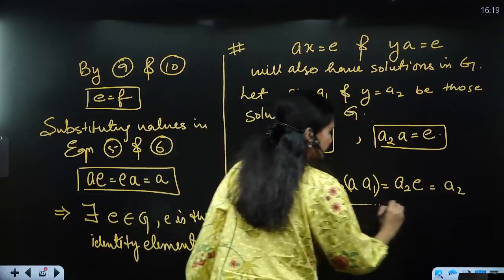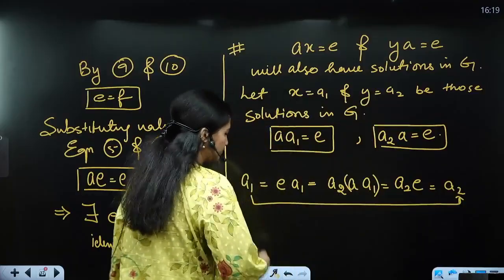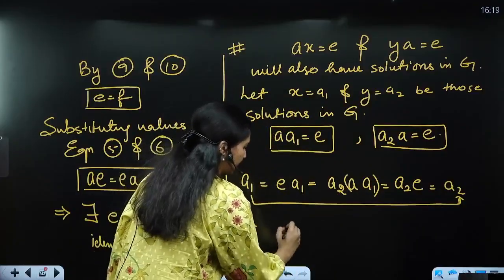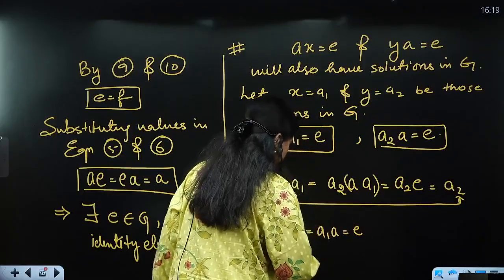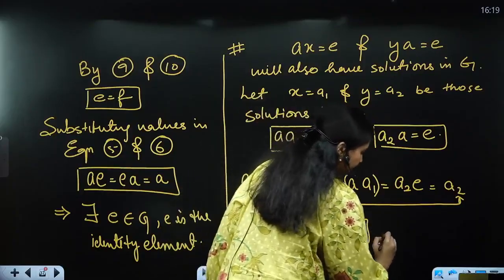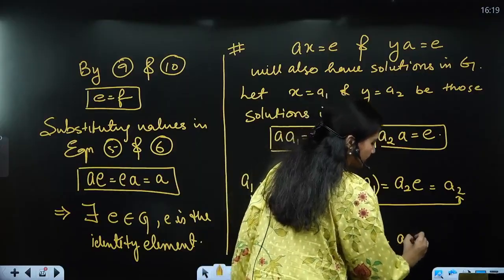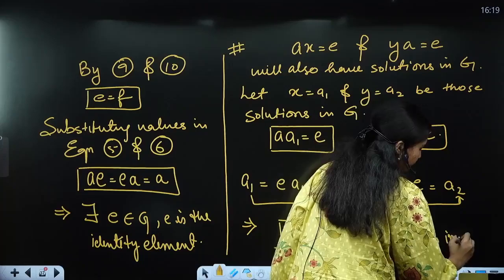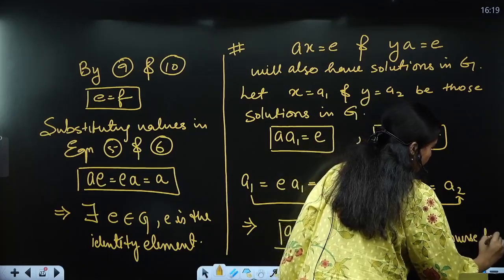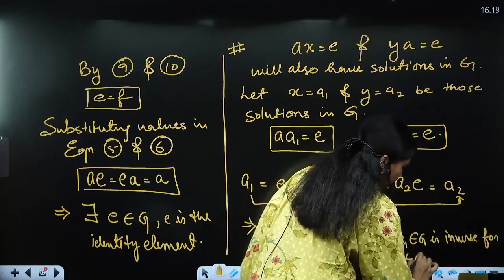What does this give me? That a1 equals a2. So this implies that a1 equals a1 a equals e. So this implies that a1 belonging to G is the inverse for a belonging to G, right?